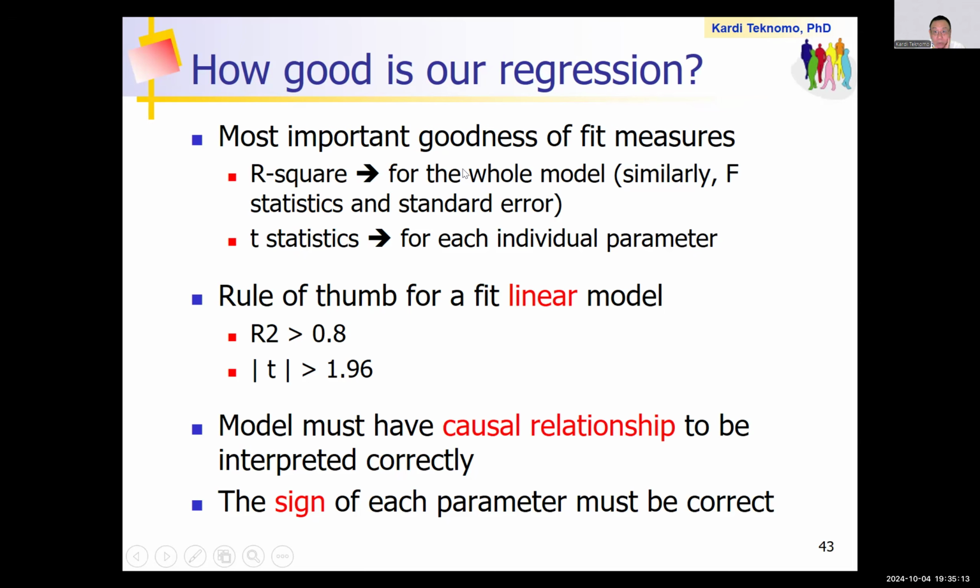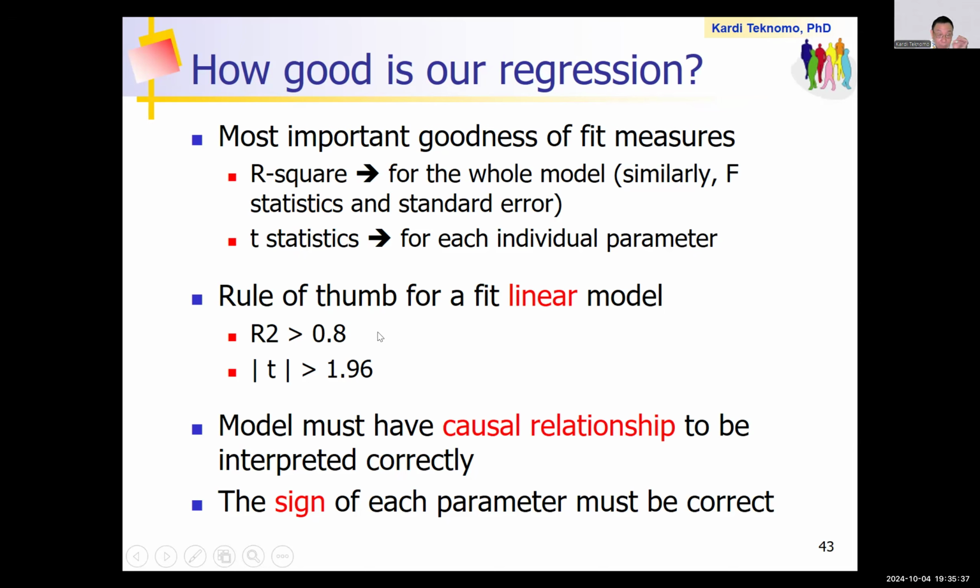The most important goodness of fit measures are R square and T statistic. R square is useful for the whole model. This is usually similar to F statistic and standard error. And T statistic is usually for each individual parameter.